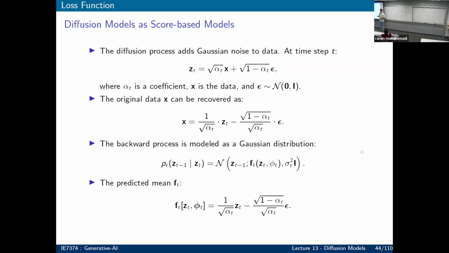We also know that this conditional comes from a Gaussian with this mean and this variance. This is what we want to predict. This is the actual term. The model wants to predict this value, the mean technically. So you're hoping to find that mean using a model.